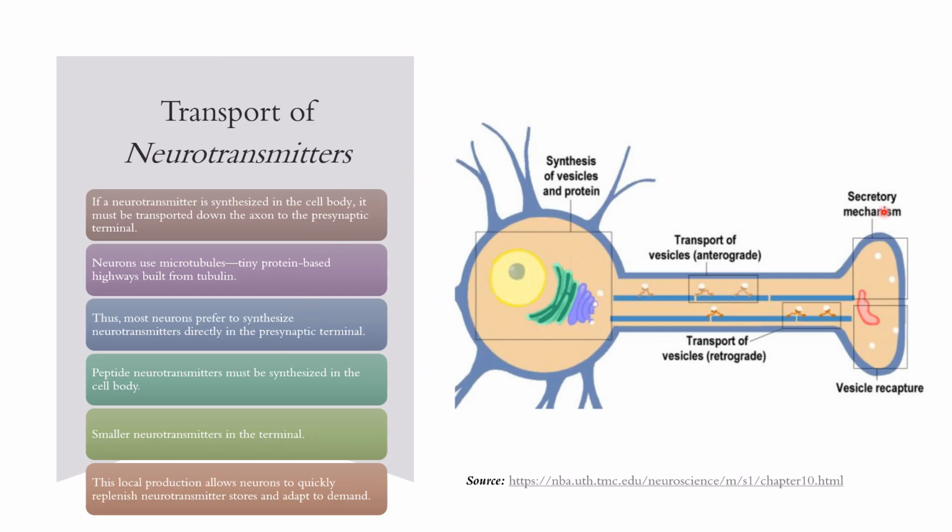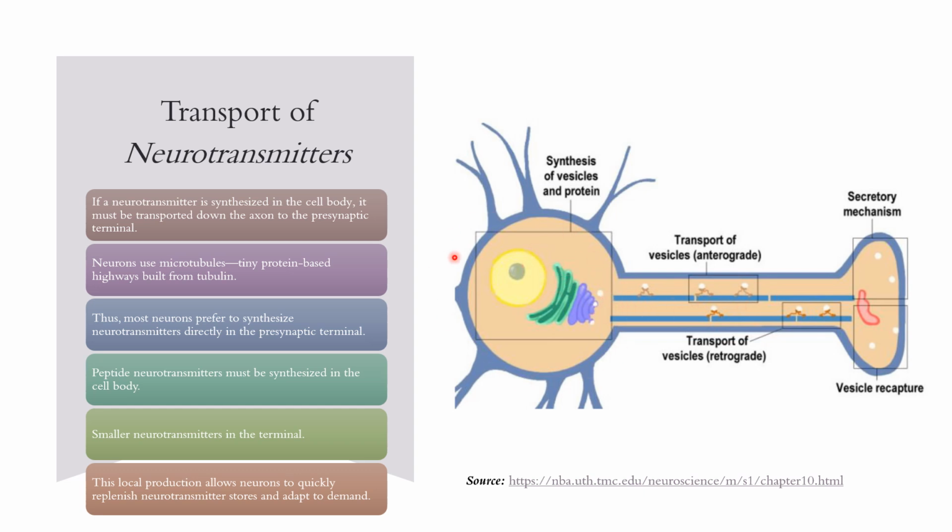So here we have represented the first way of the synthesis of the neurotransmitter. Why is the first way not very efficient?